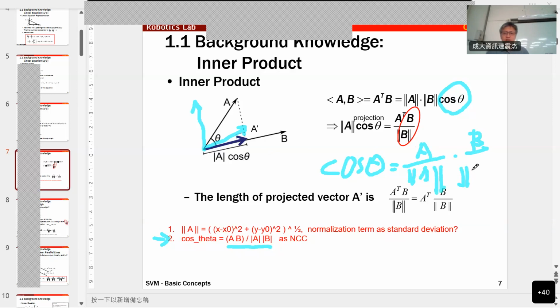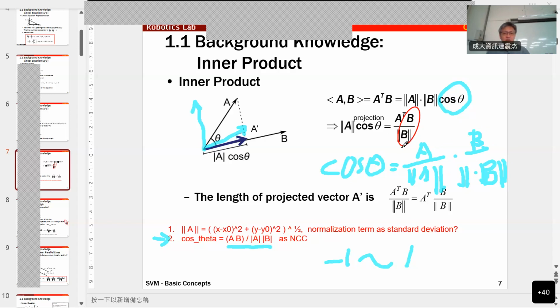So what is this one? This is a normalized cross correlation. This is the inner product of unit vector A and unit vector B. So cosine theta is between minus 1 and 1.